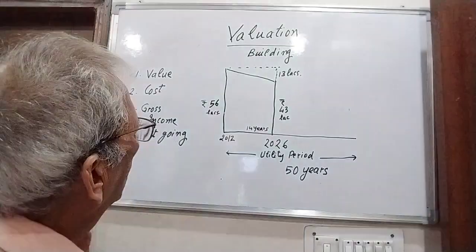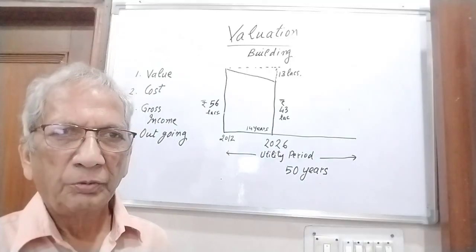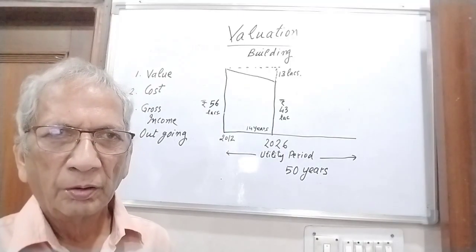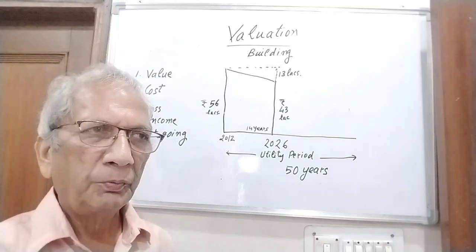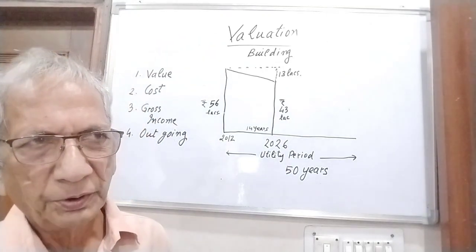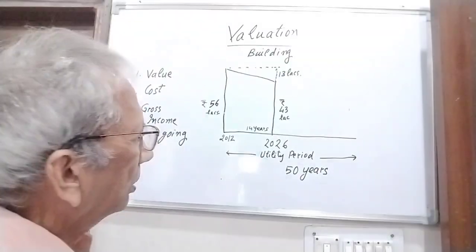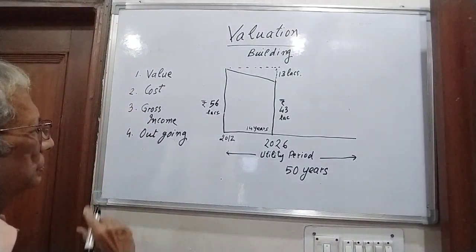Therefore, we pay electricity bill, we pay water bill, we pay salary of the chowkidar. We also do expenditure on minor repair. All this expenditure is called outgoing.